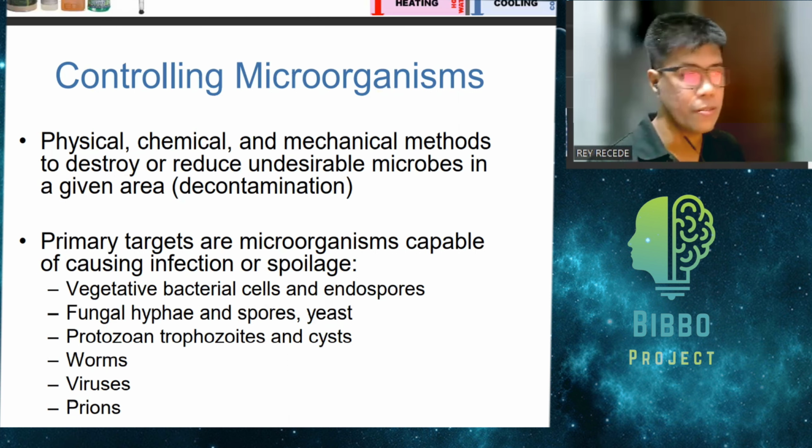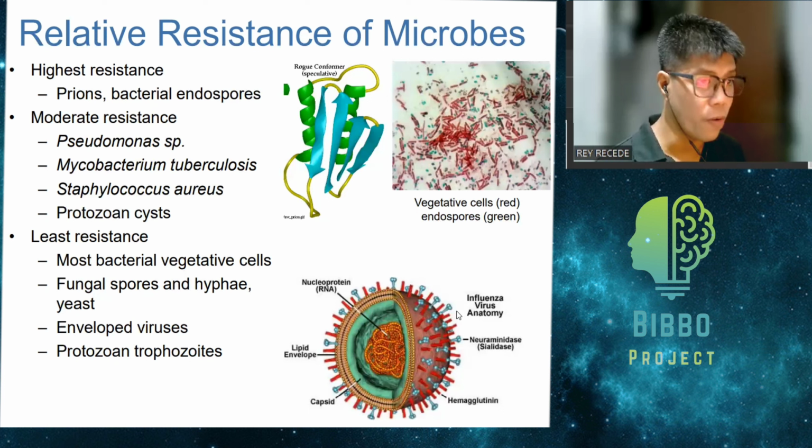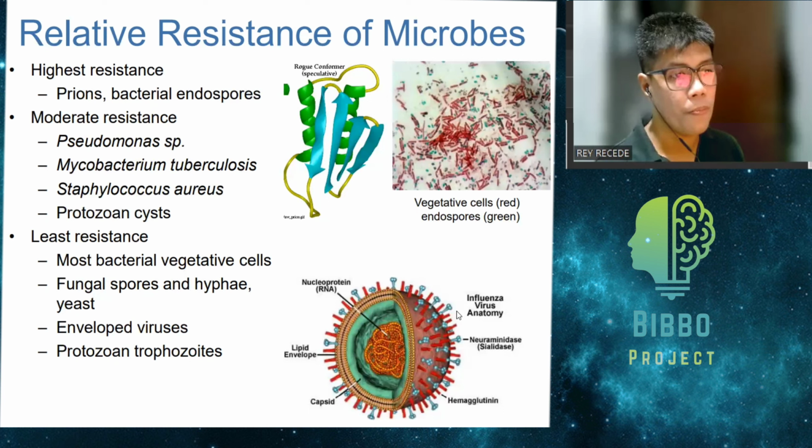For the moderate resistance, that's where the Pseudomonas, Mycobacterium tuberculosis, the one that causes tuberculosis, Staphylococcus aureus, and selected protozoan yeast belong. For the least resistance, most bacterial vegetative cells, fungal spores and hyphae, yeast, enveloped viruses, and protozoan trophozoites.